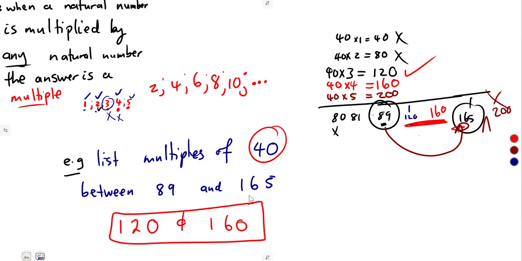These are the two multiples found in this range, in the interval from 89 to 165. There are only two. Others are outside of the given interval. Answer the question. The question here was to list multiples of 40 between these two numbers.